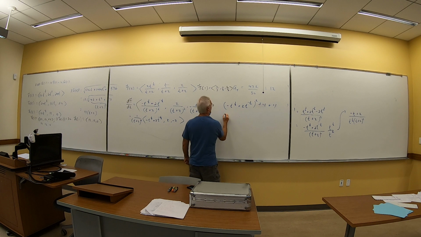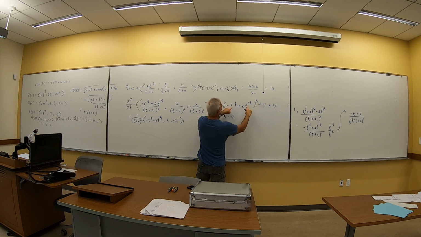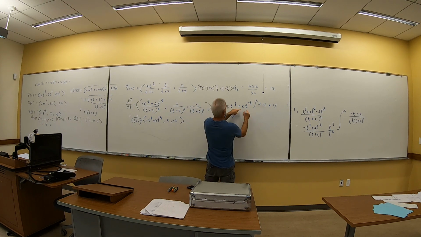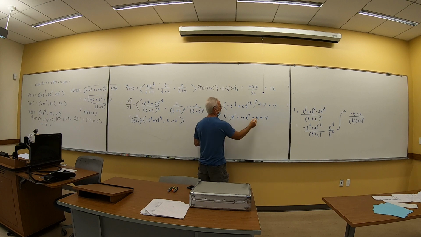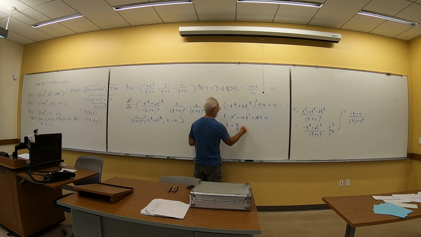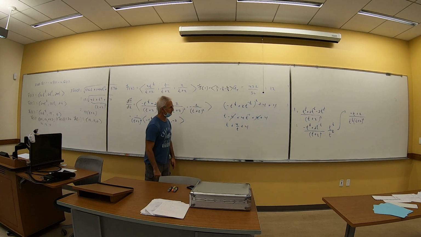So this will be t minus 4 times 1 plus 4t to the negative first plus 4 plus 4. So now I have t plus 4 over t plus 4. That's correct.